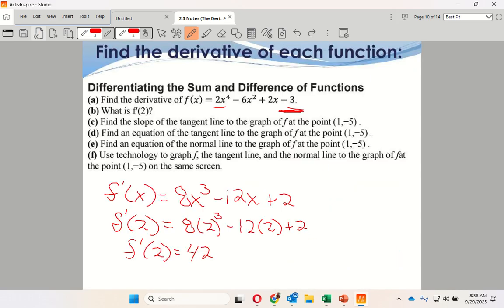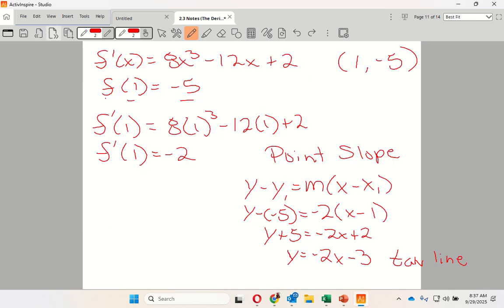Next one is asking for, we're right here, right? Oh yes, normal line. So we know that normal should be what? The opposite reciprocal of the original function's slope. So write that down. The normal line is opposite reciprocal slope.